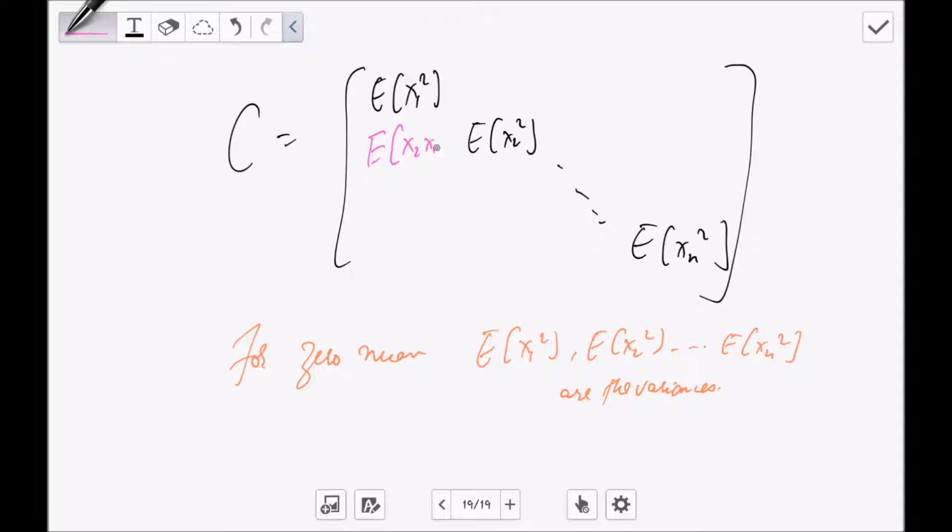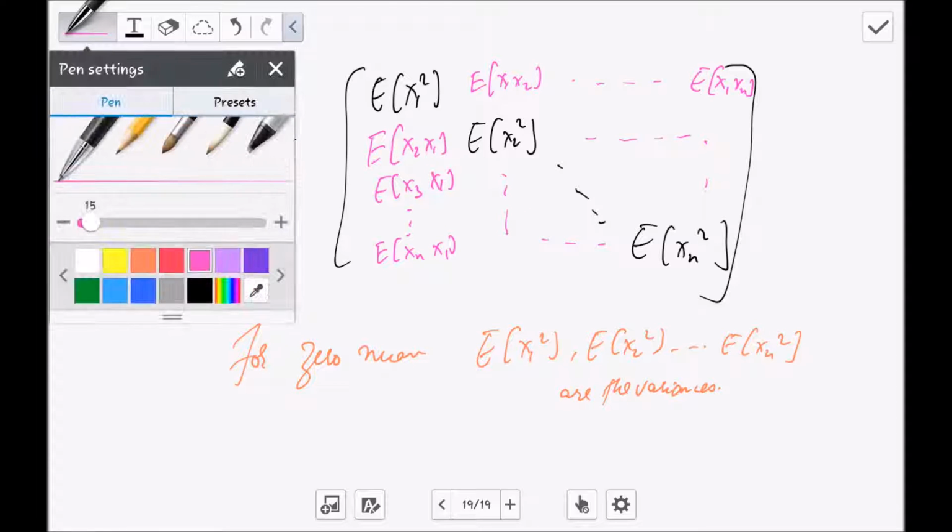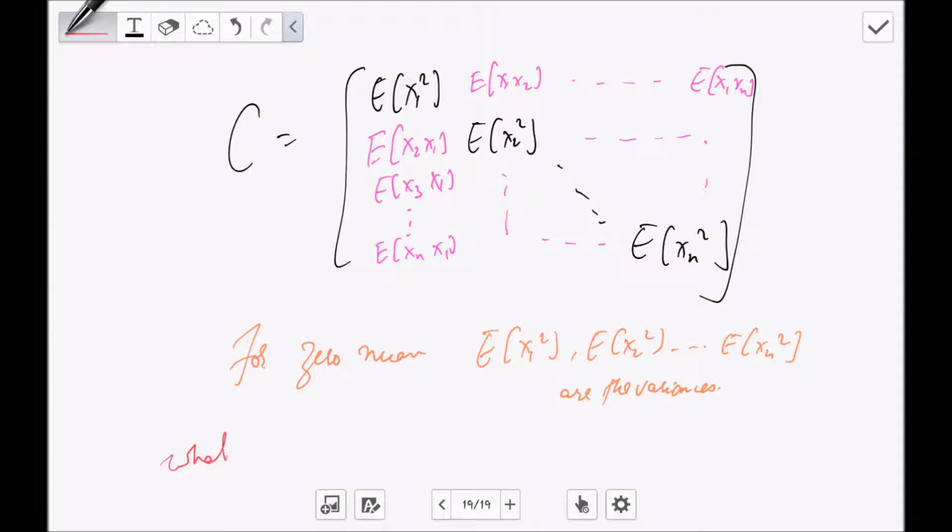So what are these non-zero things? E of x2 x1, E of x3 x1, similarly expectation of xn x1, and then you have here expectation of x1 x2, so on up to expectation of x1 xn, and so does this table complete. Now what are these, expectation of xi xj for i not equal to j, for zero mean, of course?